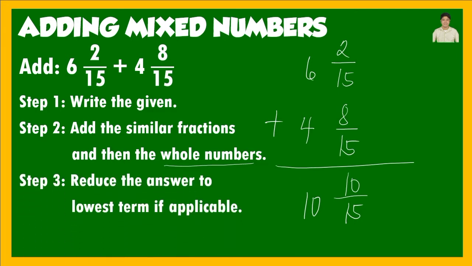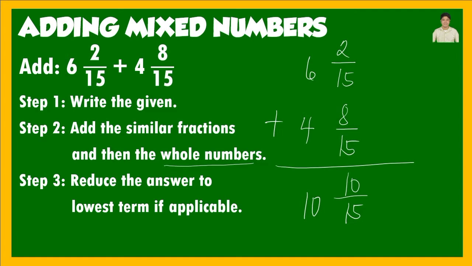Step 3. Reduce the answer to lowest term if applicable. So, ganun po yung tatandaan natin. Kapag na-add natin, na-multiply, na-subtract, na-divide, tatandaan po natin yung last step na kailangan po natin gawin is simplify. Pero kung simplified na yung answer natin, no need to simplify. So, kaya nga po natin chine-check. So, in this case, the GCF of 10 and 15 is 5.